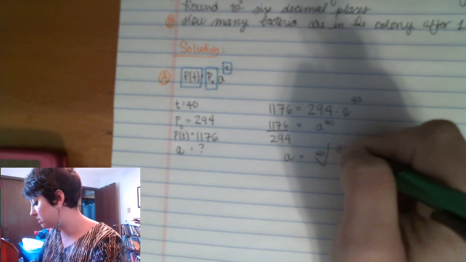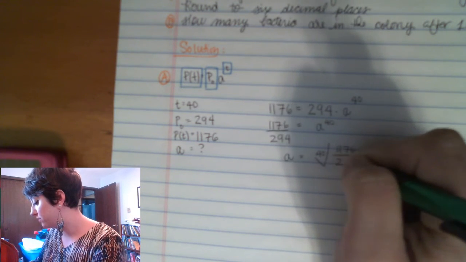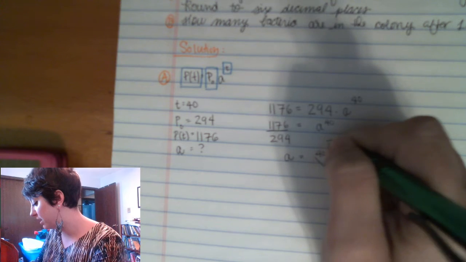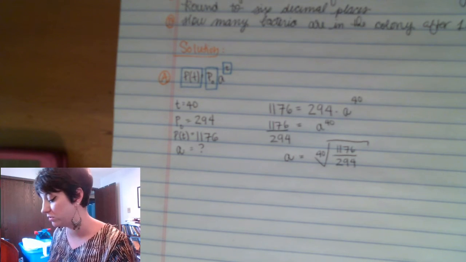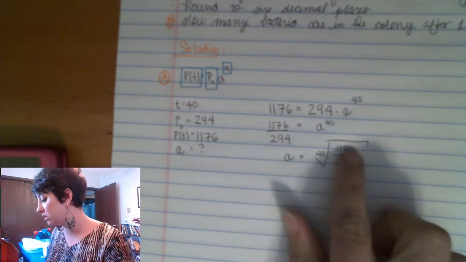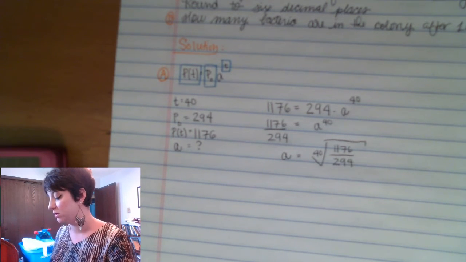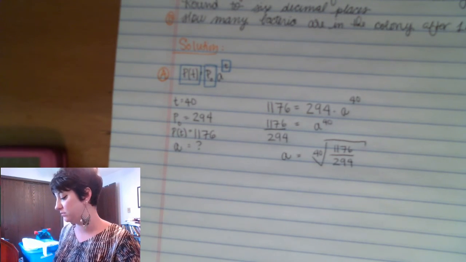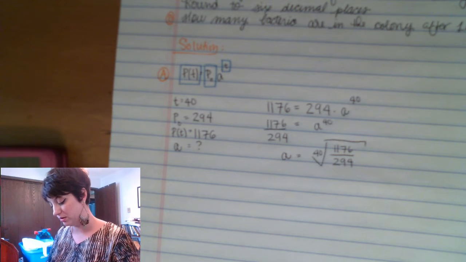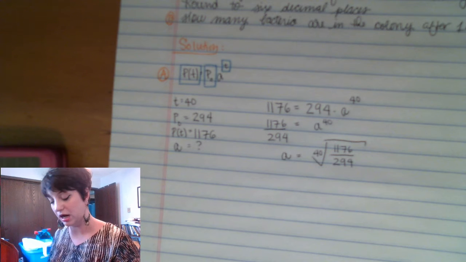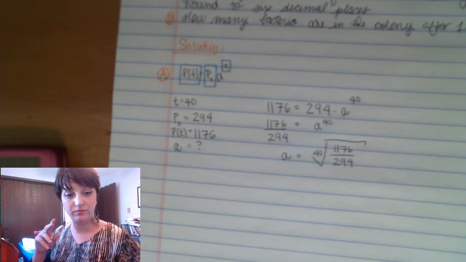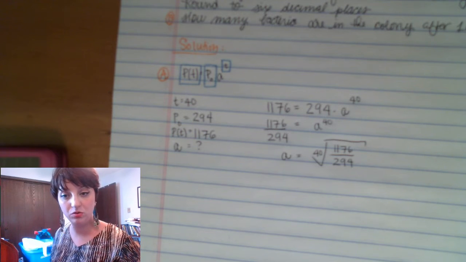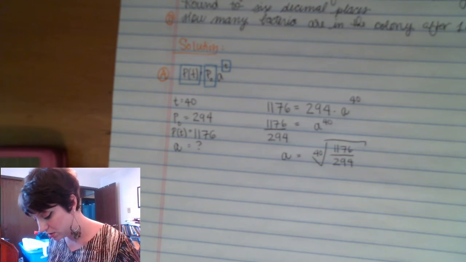So 1176 over 294. Now for punching this into a calculator, I absolutely would leave this as 1176 over 294. Don't truncate this before you have to. So if I type this on a calculator, here's what I would write. 2 ways to do it, right? You can either use the reciprocal or the fractional power, or you can do the root button.